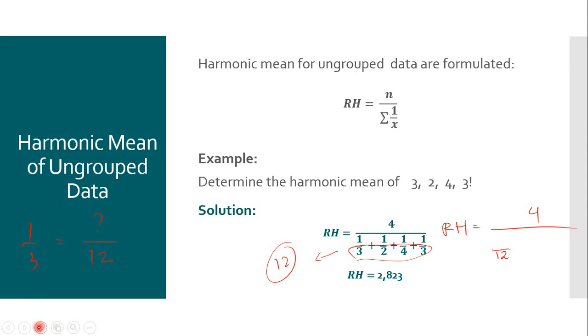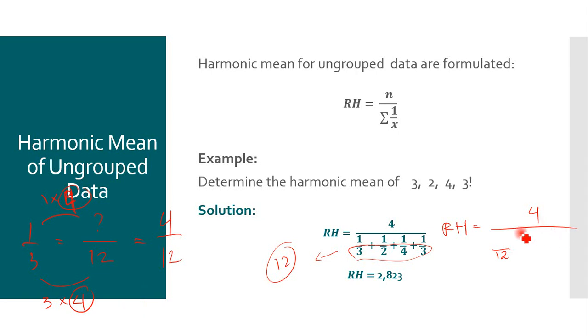So the numerator should be multiplied by the same number as the denominator. Okay, multiply by 4 and multiply by 4, so we get 4 over 12.